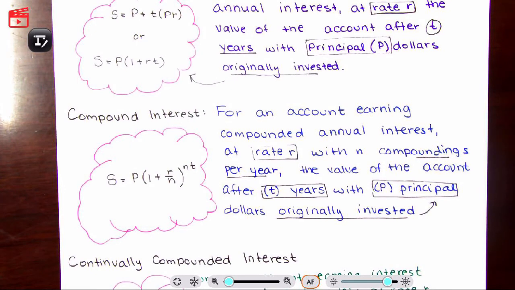So the difference between simple interest and compound interest is that it gets calculated many times per year. For example, it could be compounded quarterly. It can be compounded semi-annually. So like quarterly, it's 4 quarters, right? So like 4 times per year. It can be calculated semi-annually, twice per year.